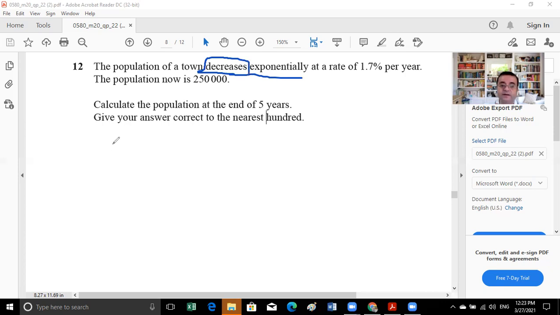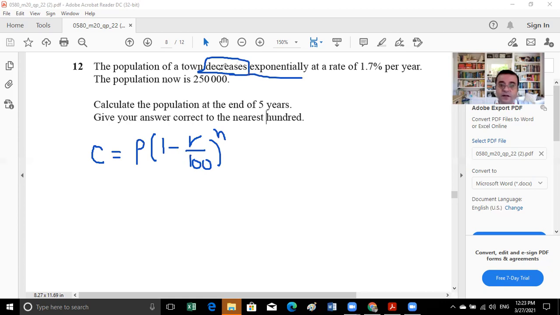Compound interest equal P, open bracket, 1 minus R over 100. Very good. Did you notice, students? He said minus. Some of you maybe will ask me, teacher, why minus? Why not plus?